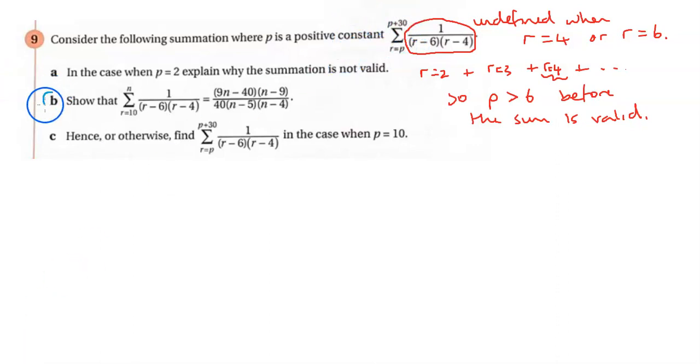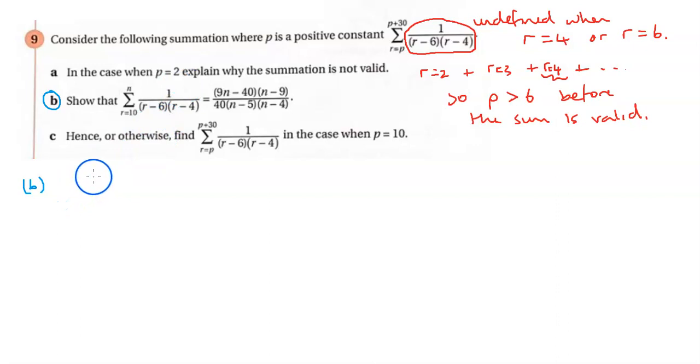Now for part B, it says show that the sum from r equals 10 to n of this thing is equal to this thing over here. So let's get on that, and we're probably going to use partial fractions to do this.